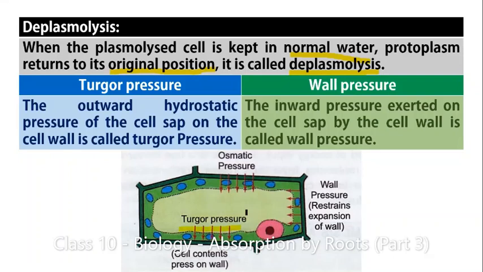That is what we call the wall pressure. In a turgid condition, the turgor pressure and the wall pressure balance each other. But if a time comes when the wall pressure cannot withstand the turgor pressure, in such condition, the cell will burst.